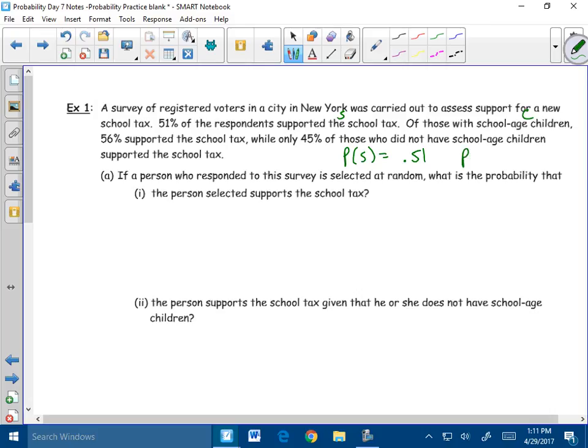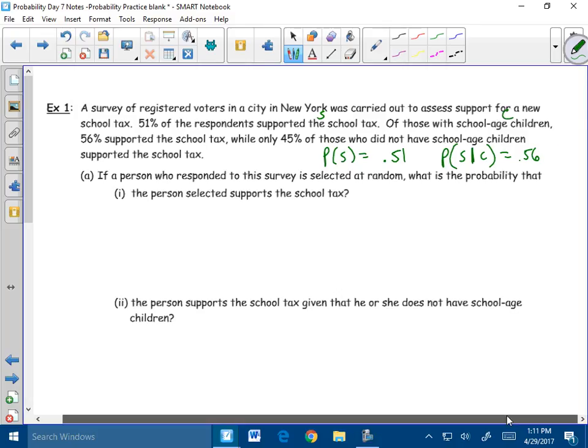So that means the probability that a person supported the school tax, given they had school-aged children, was equal to 0.56. And then finally, 45% of those who did not have school-aged children supported the school tax. So the probability that they supported the school tax, given that they did not have children, C complement, is equal to 0.45.